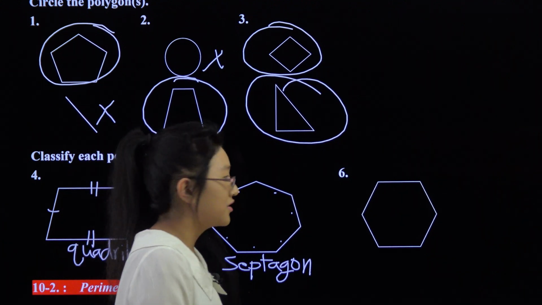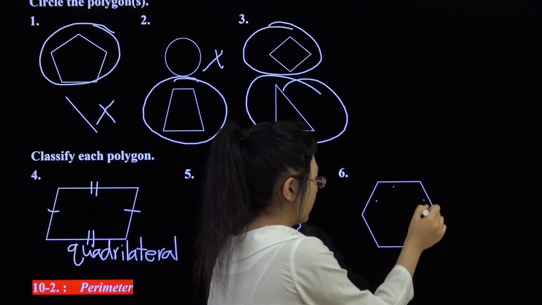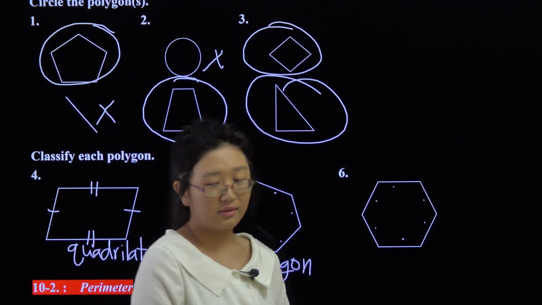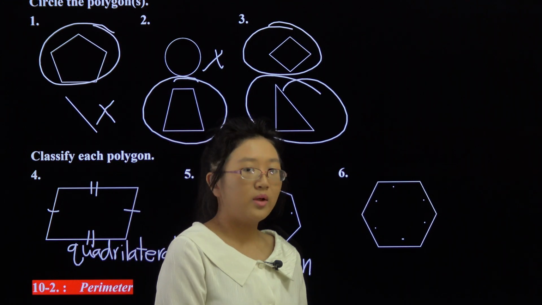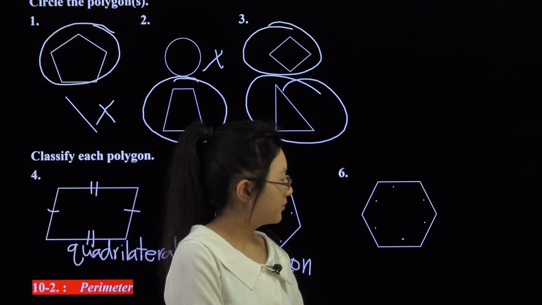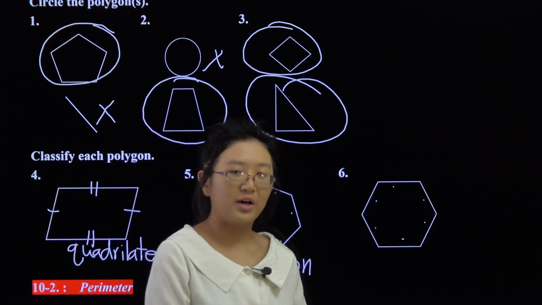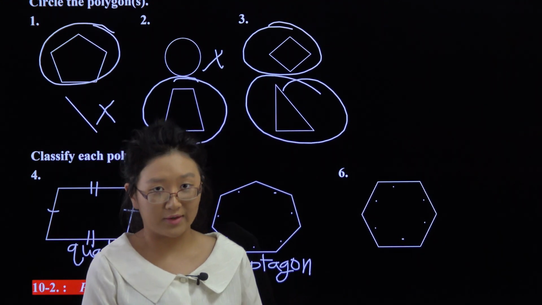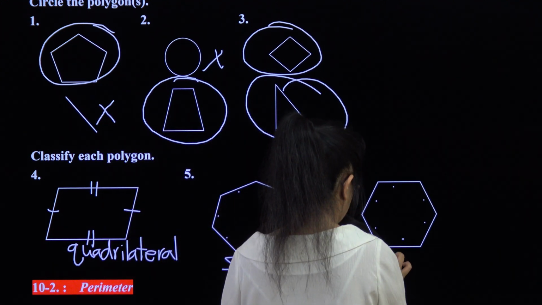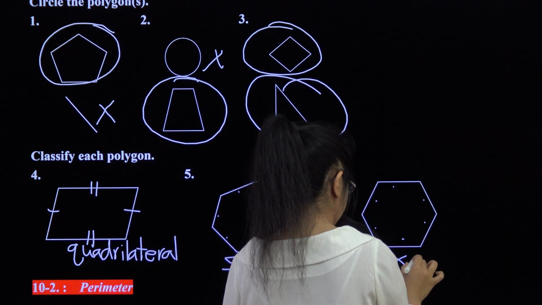And question number 6 has 1, 2, 3, 4, 5, 6 sides. Now, what's the word that we used for 6? Hex, or, well, the other one, but right now for geometry, it's hex. So, hexagon.